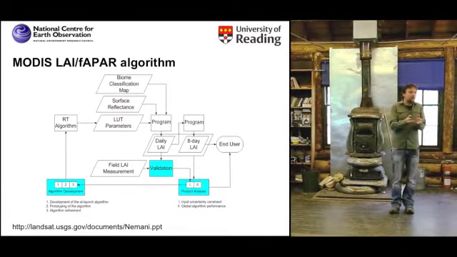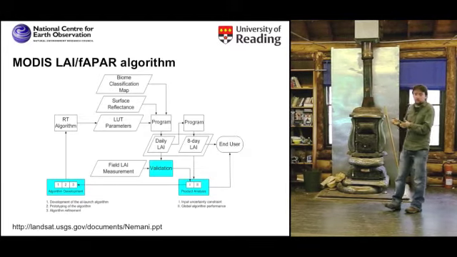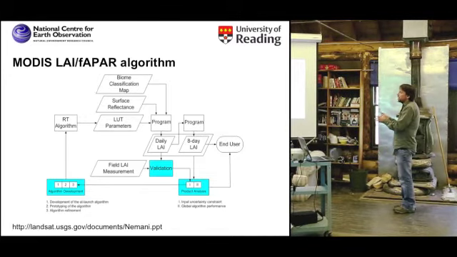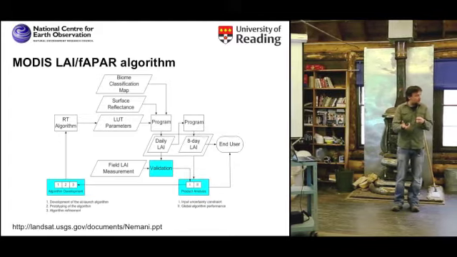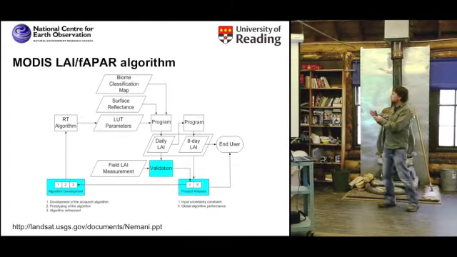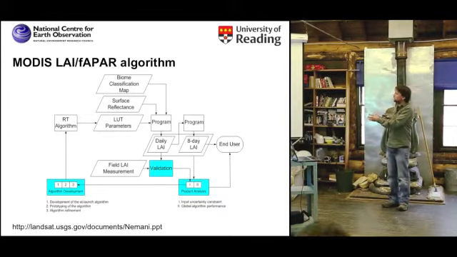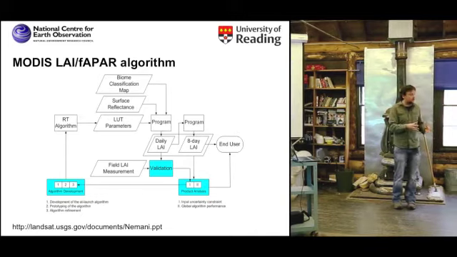This is from the algorithm theoretical basis document for the leaf area index product, and it gives us some idea of what happens to the data to generate those products. I'm going to spend more time discussing this for the photosynthesis product, but it's worth having a look at this one because this data actually feeds into the photosynthesis product.